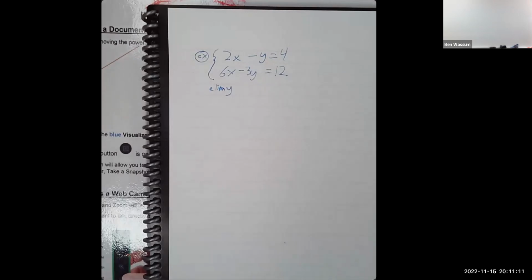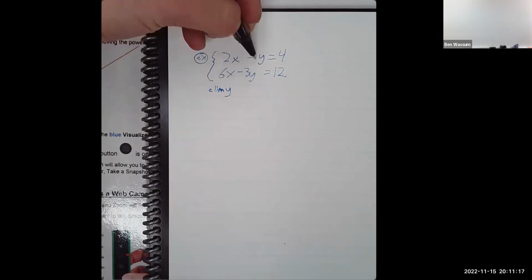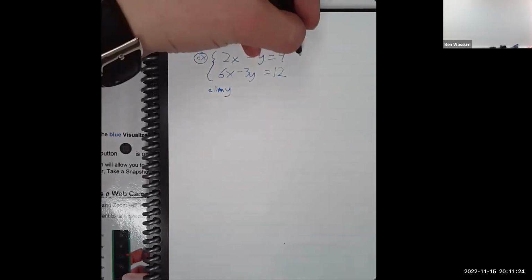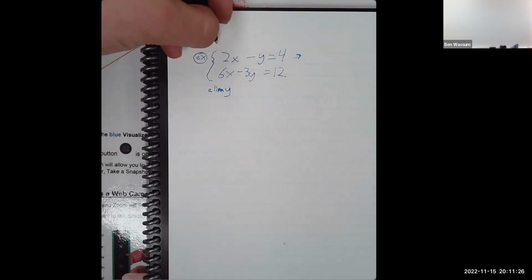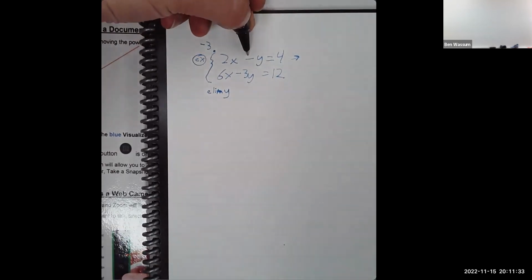Okay. So if I eliminate y, well, I can't really get this 3 down to a 1, but I could probably multiply this line by something to get it to a 3, right? So what I'm going to do is multiply this line times a -3, because I want this number right here to be a +3.